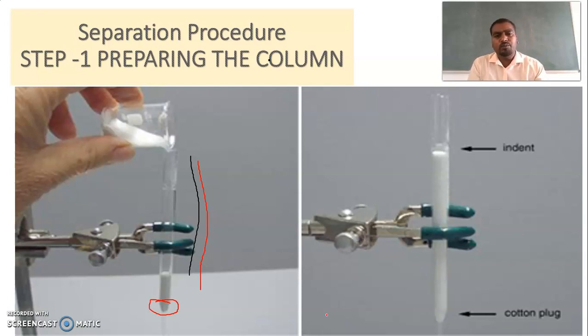In the wet method, we prepare a slurry of the given stationary phase and pack it into the column without air gap. First we fill a solvent or mobile phase, then add the anhydrous solid stationary phase, packing the column without air gap. This is the first method of preparing the column.